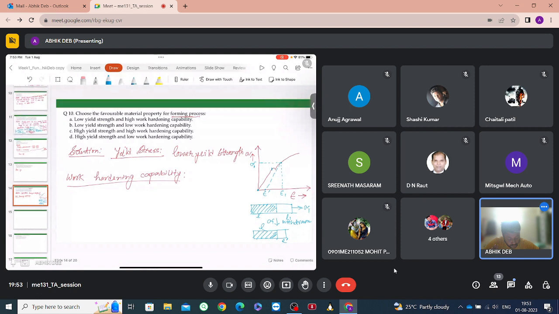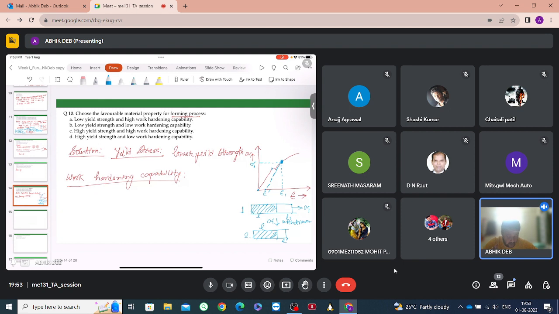So since this specimen, now this is specimen 1 and this is specimen 2, the specimen 2 now already has this deformation L dash, like it is already at this deformation. So when you give the stress again, it will start deforming from this point, is it not?